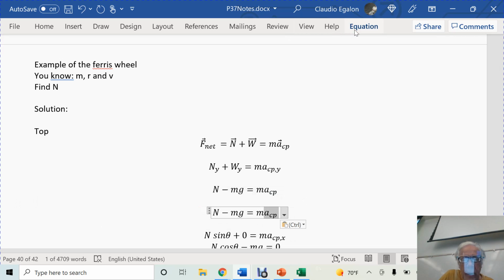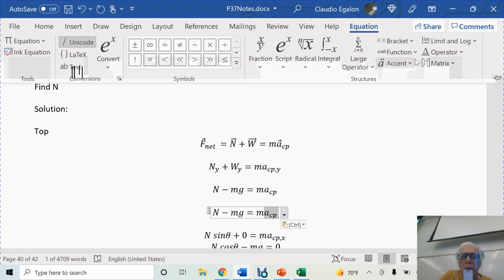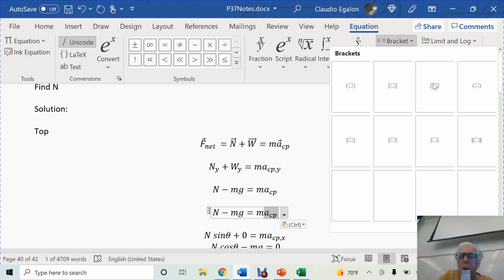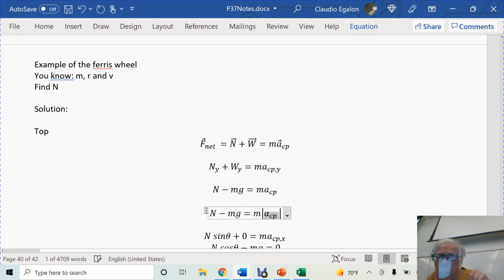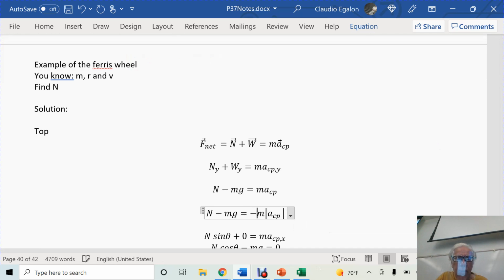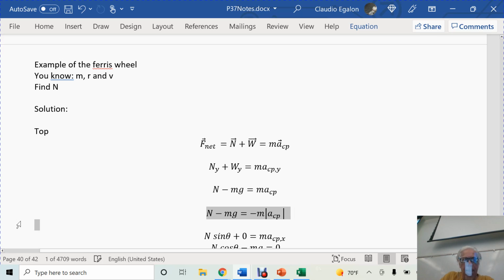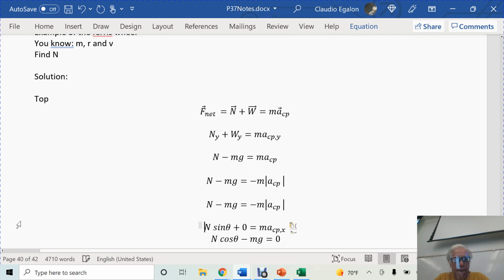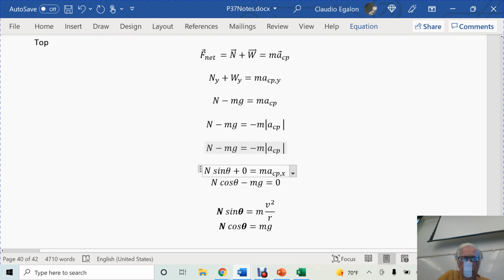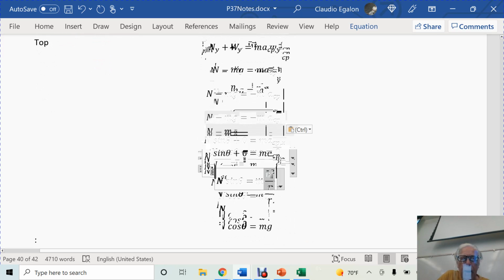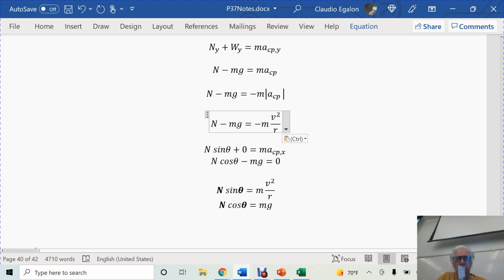So if I write it as a magnitude, we end up having a negative sign, pointing in the same direction as the weight. Don't forget v squared over r. V squared is positive, r is also positive, and solve for n.